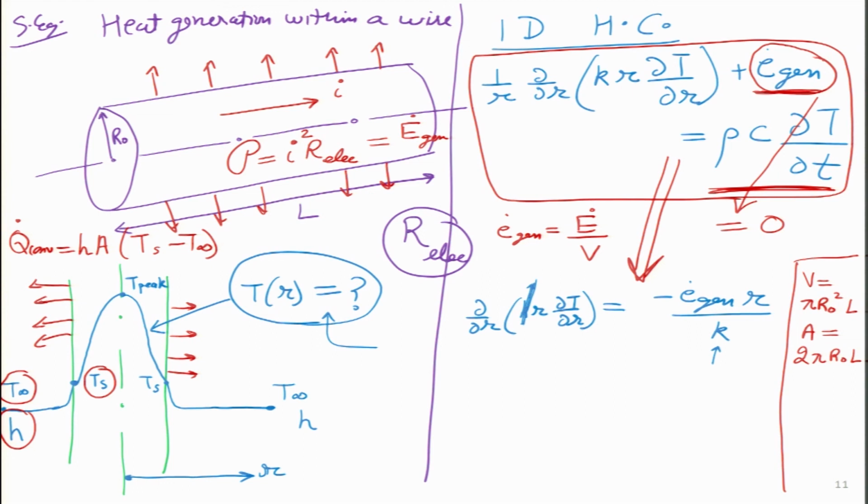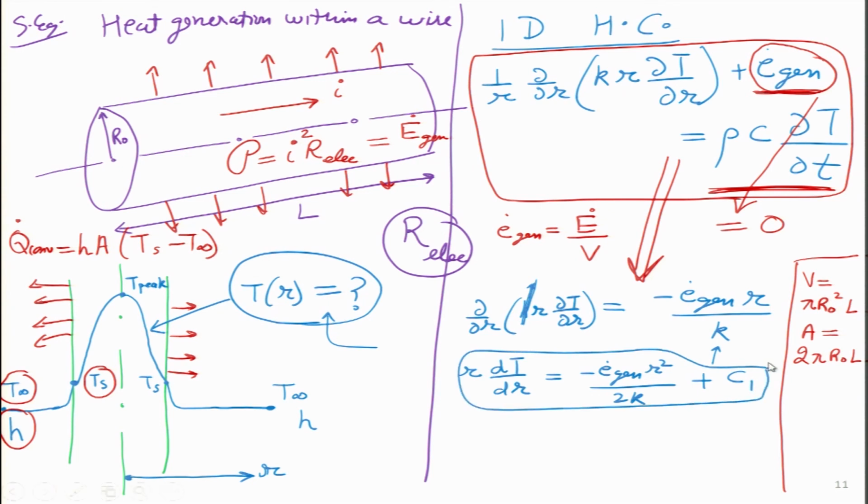Now, if I integrate this equation once, what I will get is something like this. We have r dT/dr equals, on the right hand side, minus E dot gen r square by 2k plus a constant C1. Then if I integrate it one more time, what will I get?